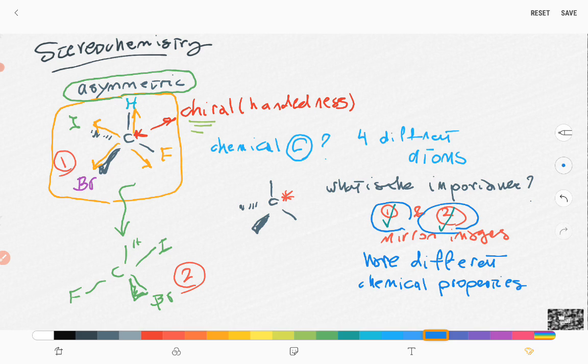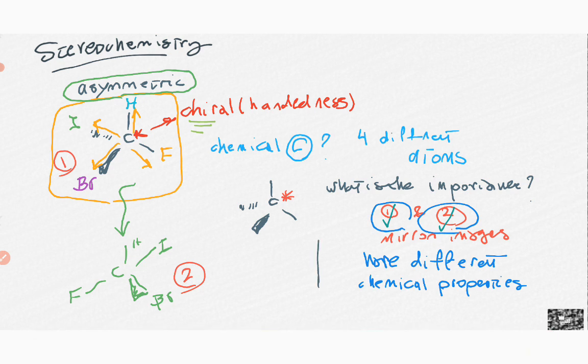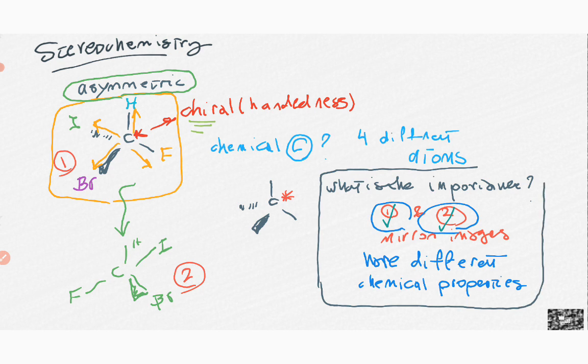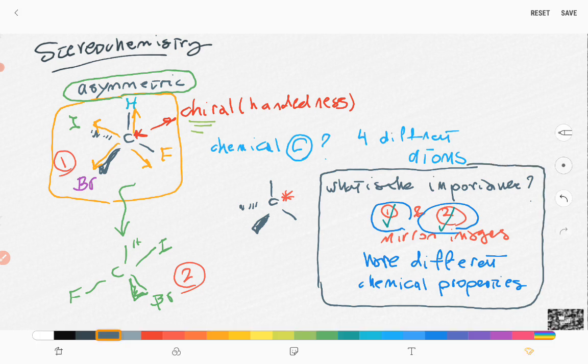So this is the importance of insisting on the mirror images and the chirality of the carbon and these asymmetric points.